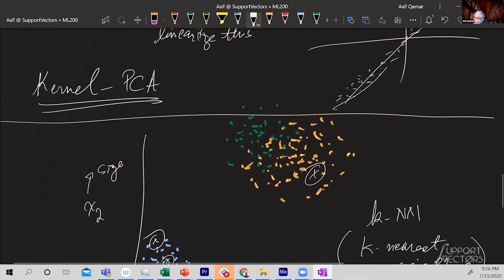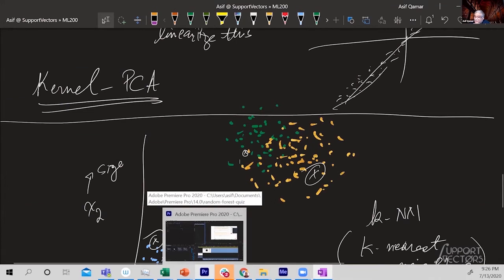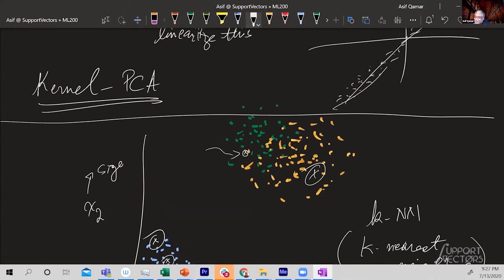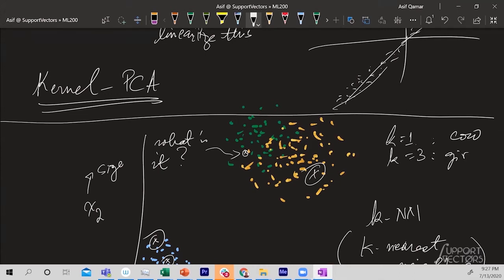Suppose you are here. Do you see this point that I drew, where my mouse is, guys? If you ask, what is it? Is it a giraffe or is it a cow? If you use k equal to 1, the answer would be it's a cow. But if you take k equal to, let us say, 3, now you'll say giraffe.